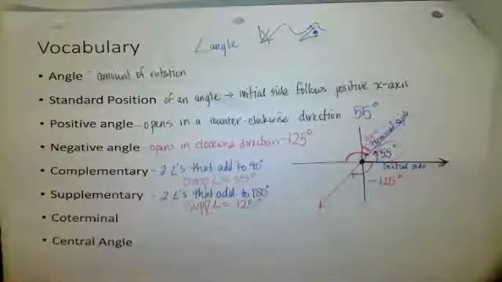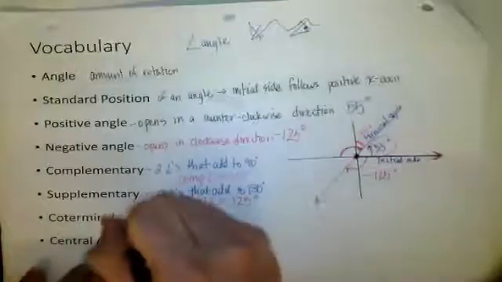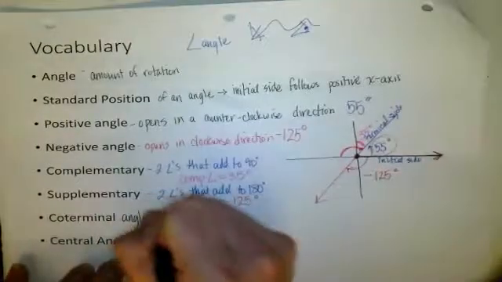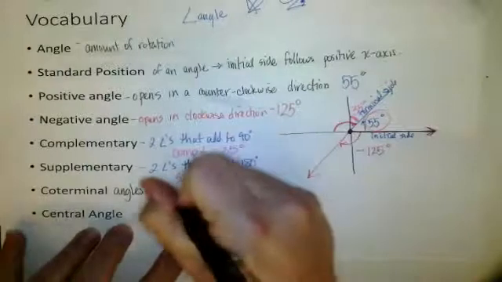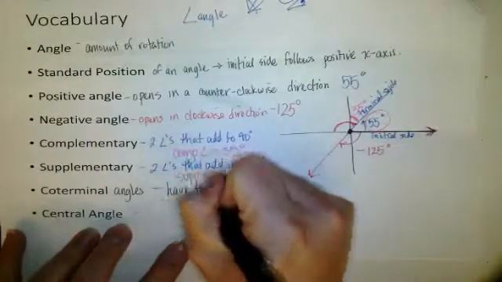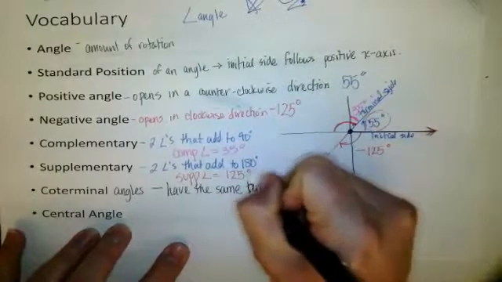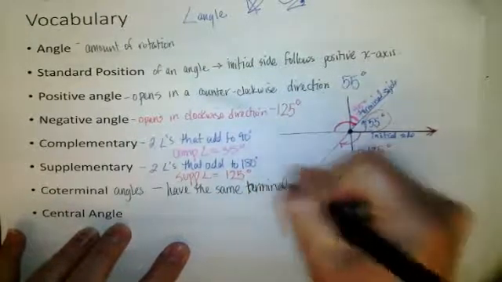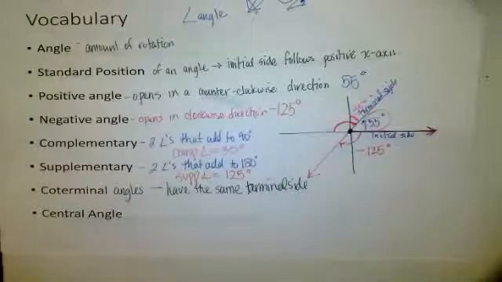All right, the next thing I want to talk about are coterminal angles. Coterminal angles have the same terminal side. They co-terminate.